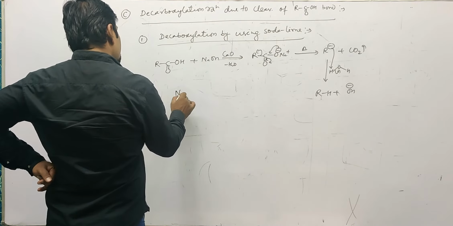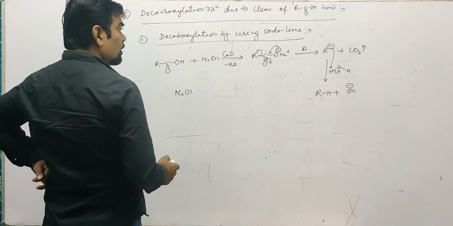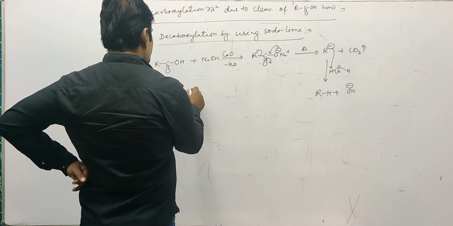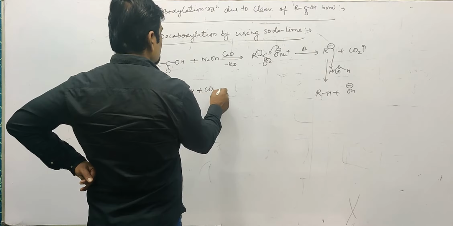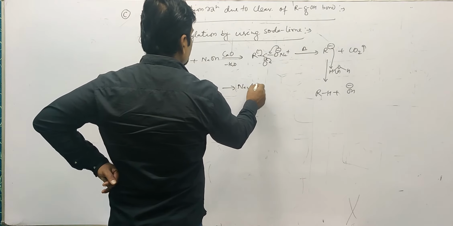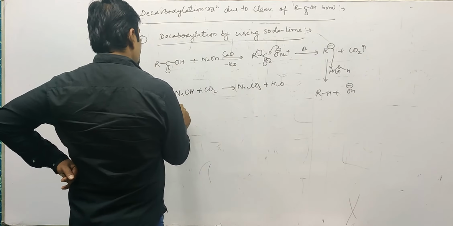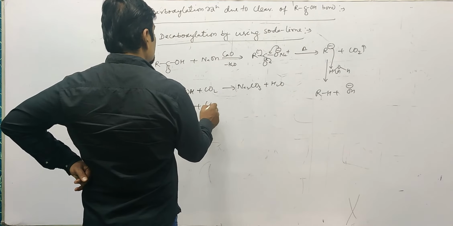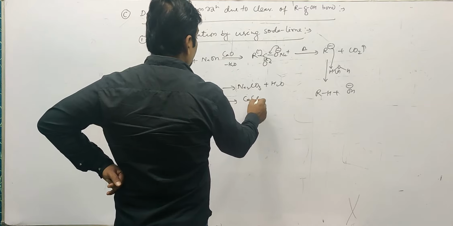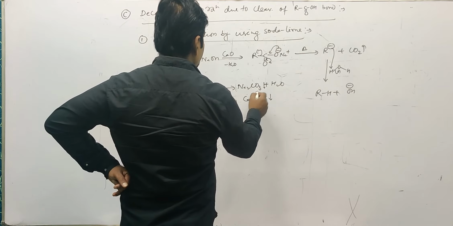Then NaOH plus CO2 will become Na2CO3 plus H2O. Then CaO plus CO2 will absorb it and become calcium carbonate.